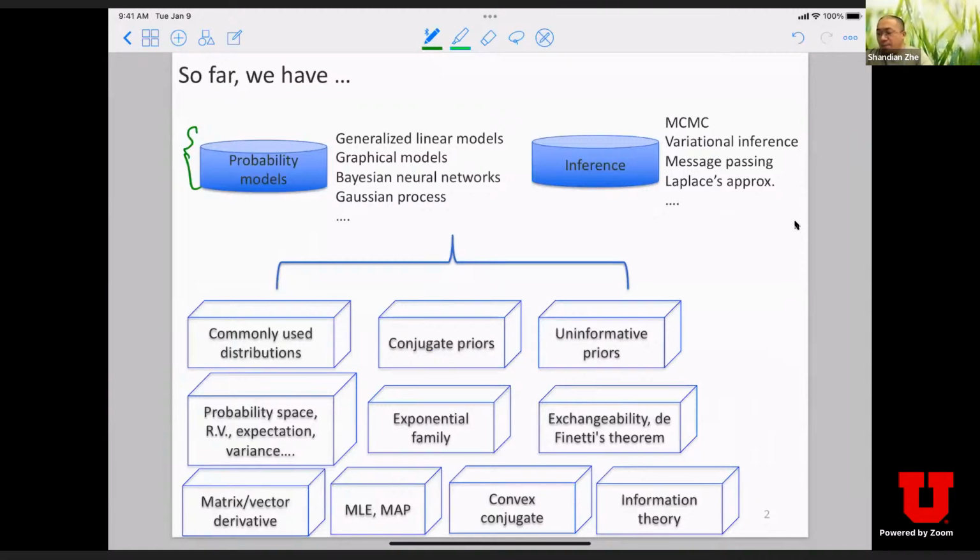Then we'll talk about the popular Bayesian neural networks, which can be viewed as a Bayesian generalization of neural networks. And we'll talk about Gaussian processes, which many of you, if you're not from a CS domain and are doing research in your own area, might have used before. We're going to introduce Gaussian processes in the probabilistic learning framework. All of those will be discussed in the modeling framework.